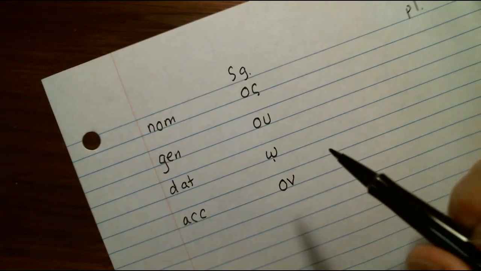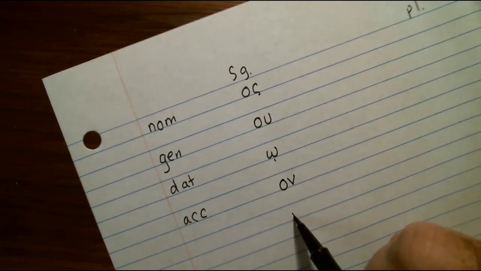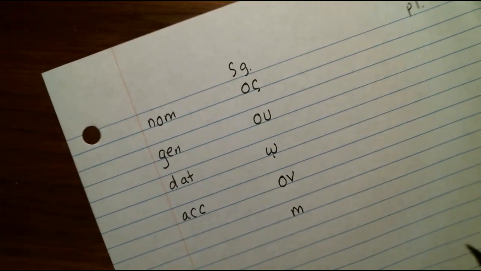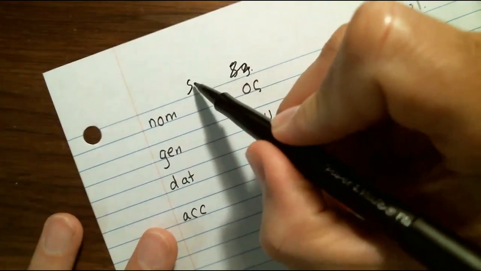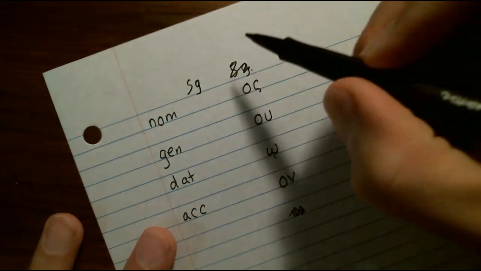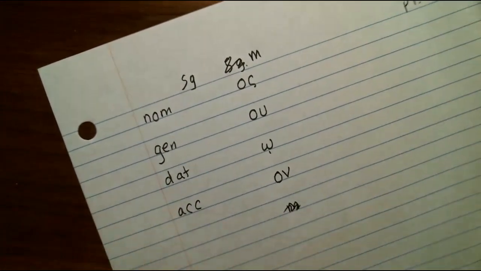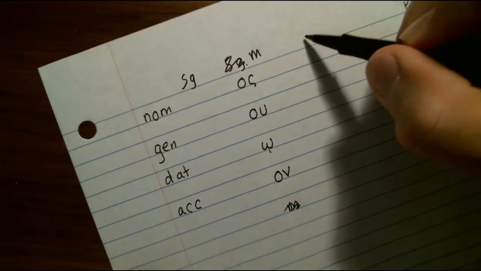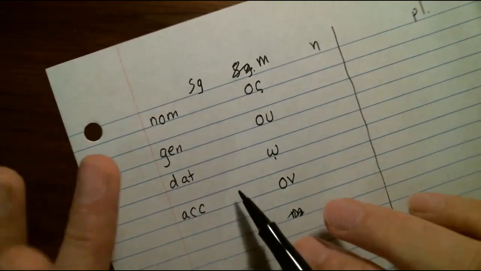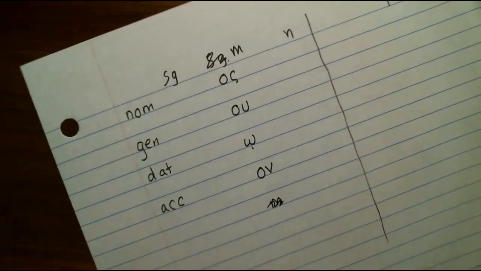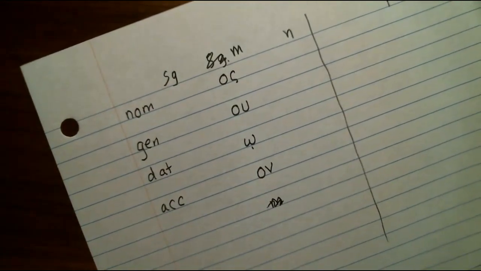So that's masculine. I didn't think ahead here, but let me correct this so we are consistent moving forward. Let's label this up here as masculine. And then we're going to now do the neuter. This is the singular, and then we'll do the plural next. Let me change my pen color here.